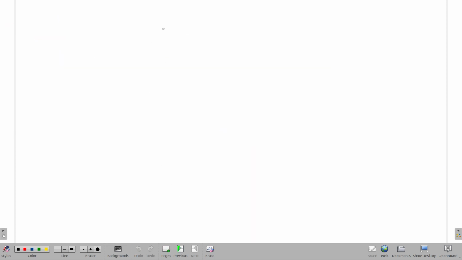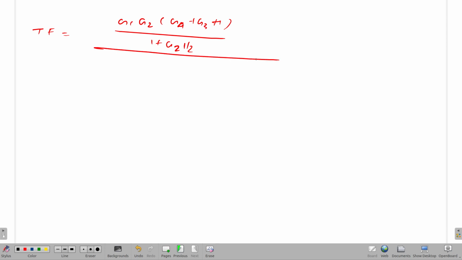The overall transfer function is equal to G1 G2 into G4 plus G3 plus 1 divided by 1 plus G2 H2, whole divided by 1 plus G1 G2 into G4 plus G3 plus 1 into H1 divided by 1 plus G2 H2.